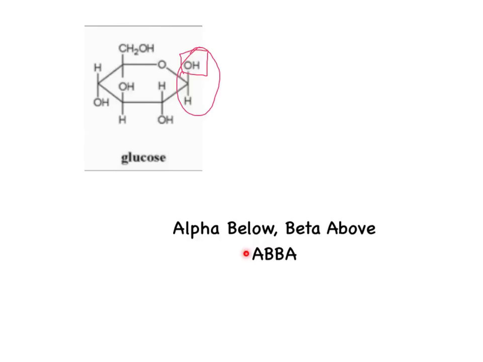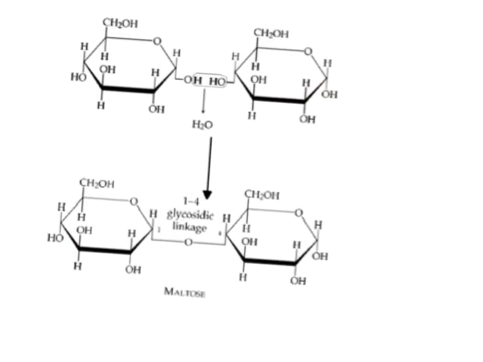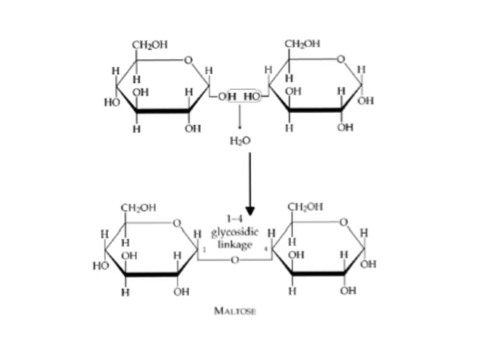Monosaccharide units need to be able to join to each other, and they do this through the formation of what is called a glycosidic bond. As you can see in this diagram, when they pair up next to each other, the carbon 1 on the left-hand unit and the carbon 4 on the right-hand unit come together, and the bond forms across the OH groups, with the elimination of water.